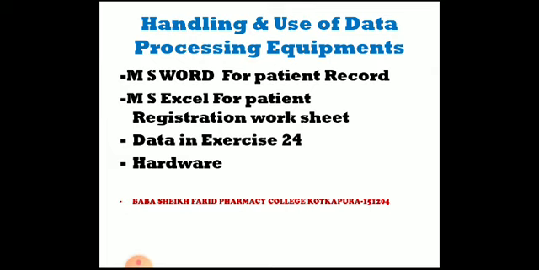In the Microsoft Word, the patient's profile will be here. The patient profile will be here. And another one is the preparation of the list of patients, indoor, outdoor or particular in the department.